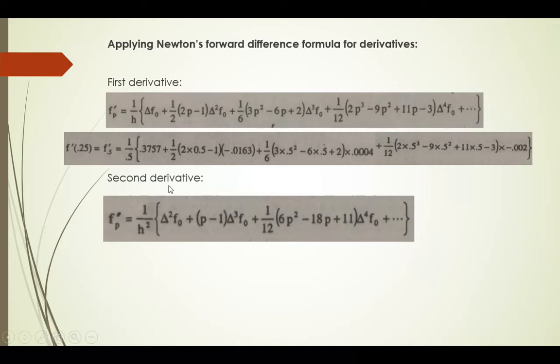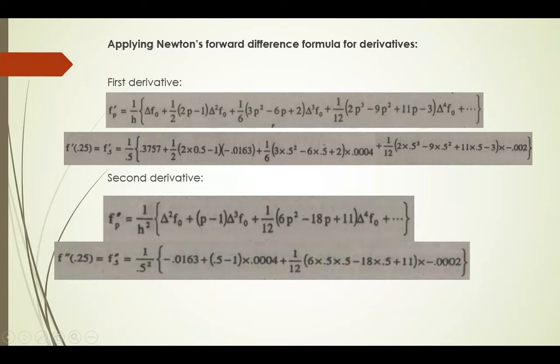the second derivative is f double prime p, which is this one. Put the values, replacing h by 0.5. Delta square f naught from the table, p 0.5. Delta cube f naught from the table, p 0.5 square, p 0.5. Delta 4 f naught from the table.